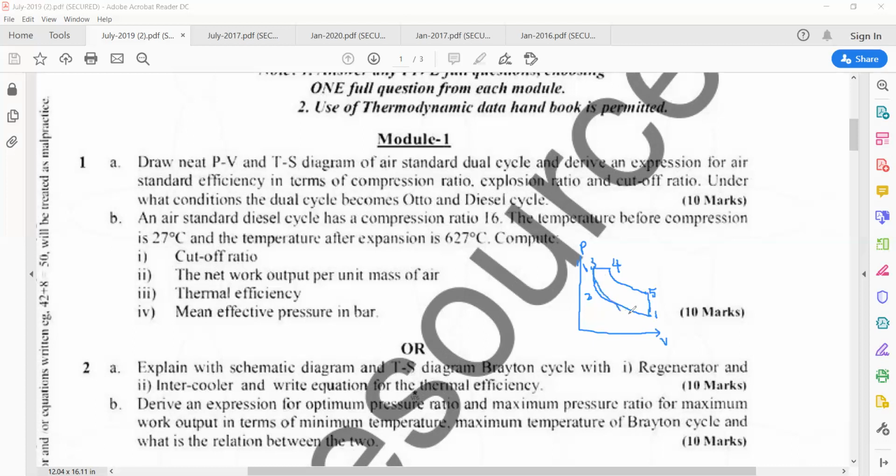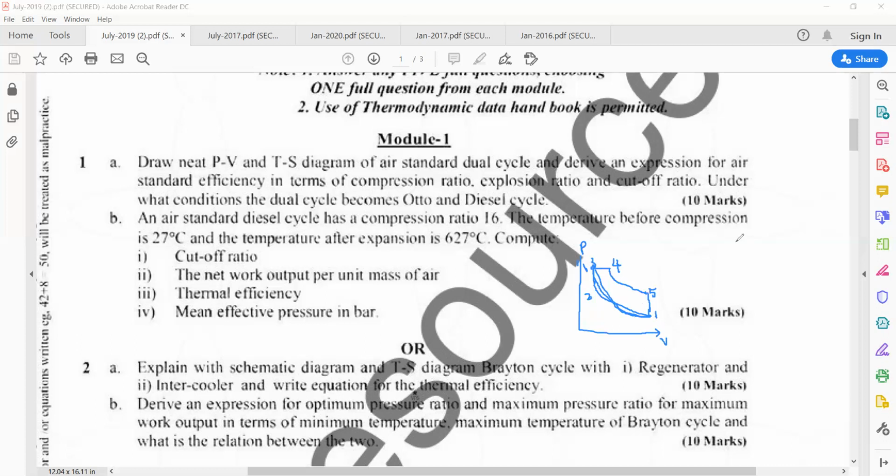I can join these 2 points. After that, I'll have only 4 processes: 1, 2, 3, 4, 1. So if the heat addition at constant volume is equal to 0, then we obtain the diesel cycle.